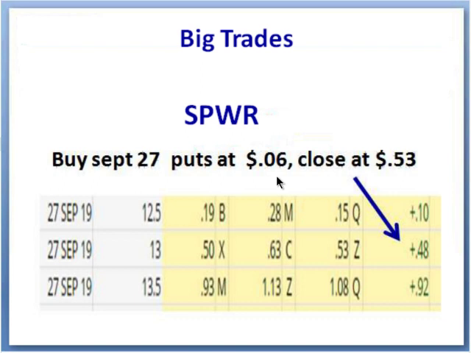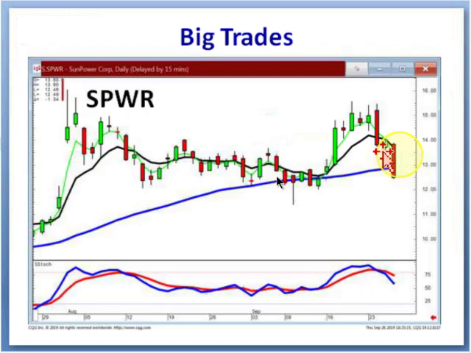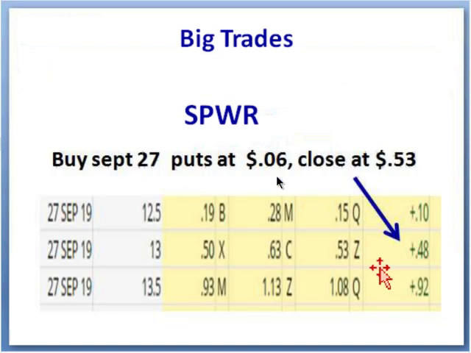And why was that feasible? Because we knew what to expect if it opened weaker. And then we had a logical target. Now, is that a high-risk trade setup? Certainly is. But if you've got 6 cents, I'm just going to pick out a figure. Let's say you bought 100 for $600. At the end of the day, you were at $5,300.